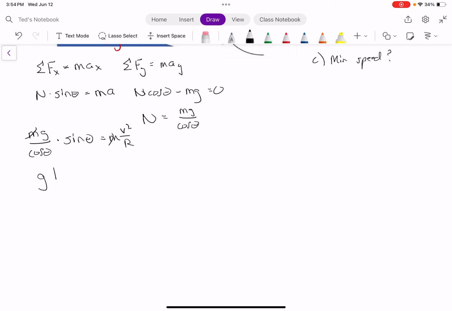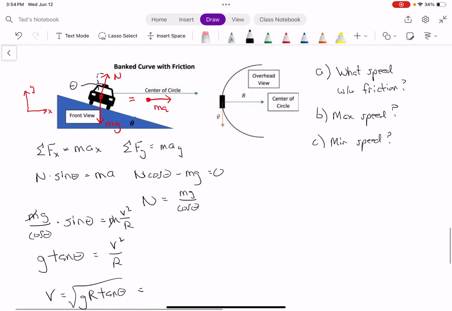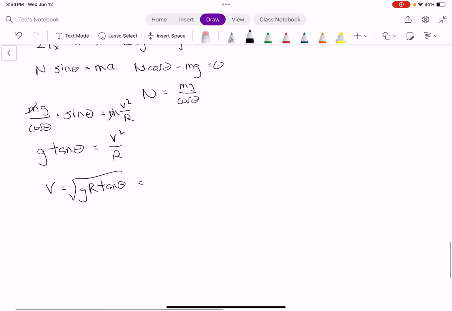So this is g tan theta is equal to v squared over r. So v is equal to the square root of g r tan theta. So that is 9.81 times 50 times the tangent of 20 degrees.